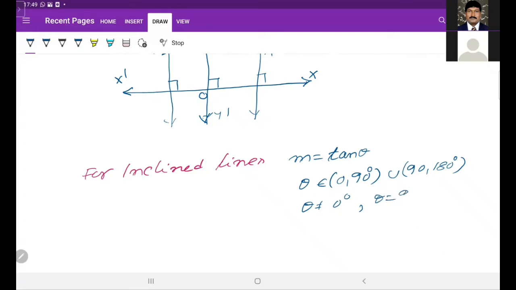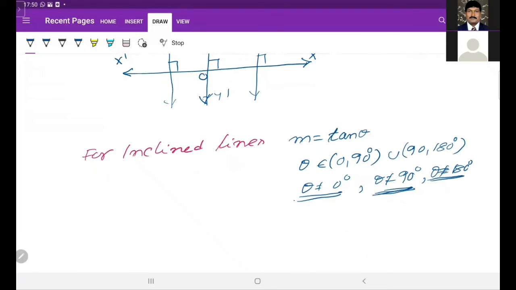Theta is not 90 degrees, and theta is not equal to 180 degrees, because 180 or 0 degrees is also a horizontal line. Theta of 90 degrees is a vertical line. These are excluded, because it is an inclined line or oblique line.